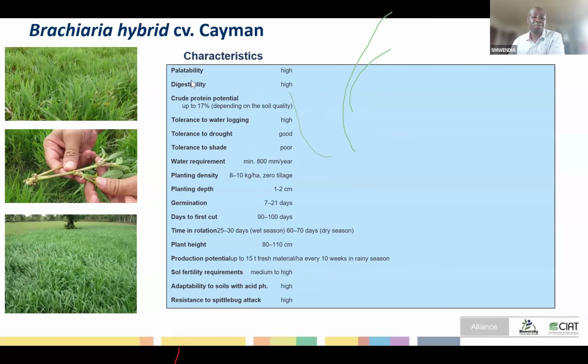Cayman, another hybrid, is an example. I will have a pictorial representation, the same attributes, and it's registered in Kenya by KEPHIS. Mulato 2 is also registered, Camelo as I said, including Cobra. So those have been ratified by KEPHIS, and seeds can be obtained from the private sector.